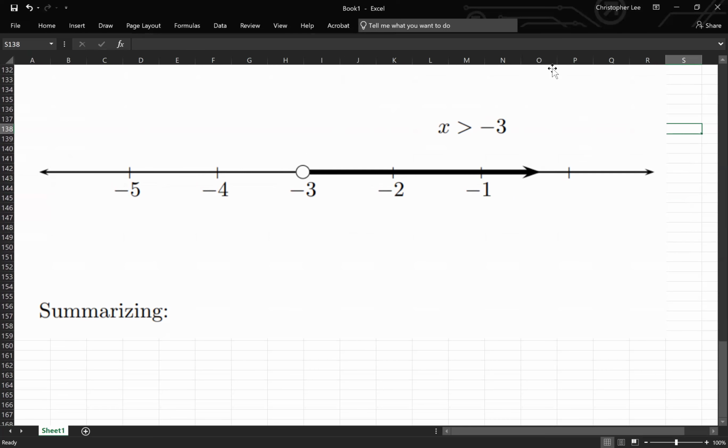Another way to do this also, if you didn't want to do the open circle, would be to have an open parenthesis, right? That also means the same thing, that I'm talking about all the numbers bigger than -3, but not including -3. All right.